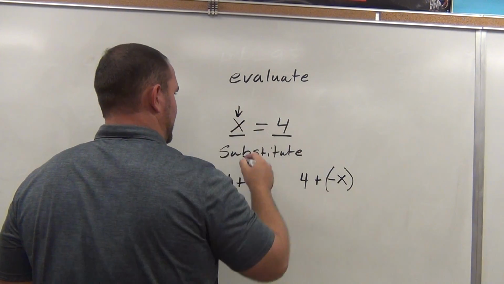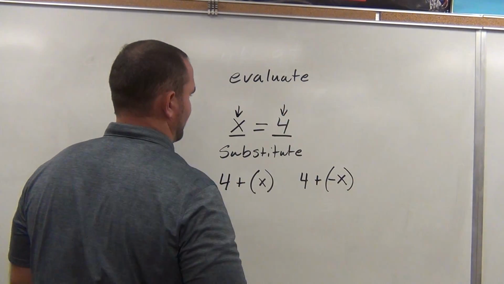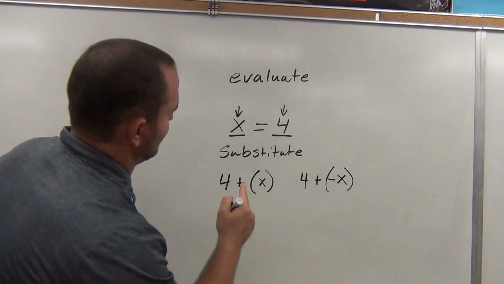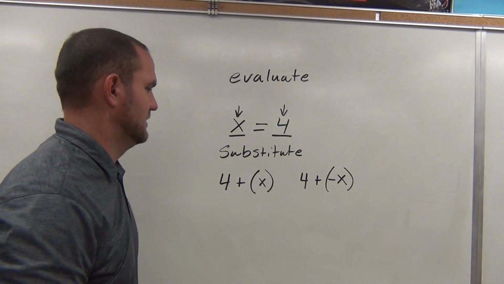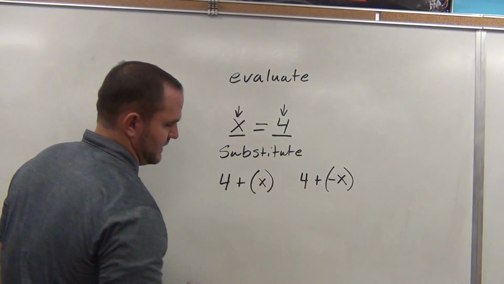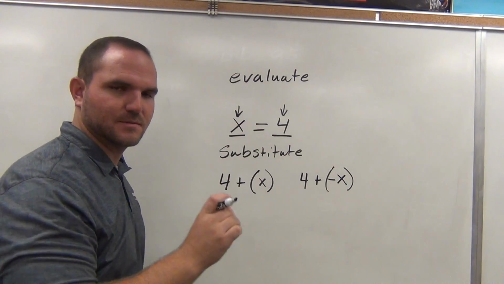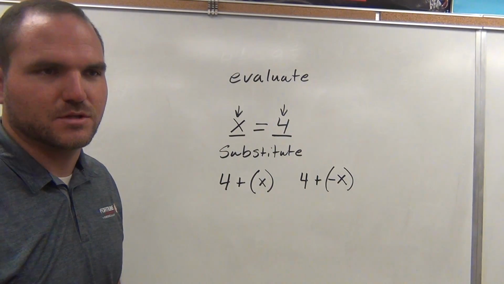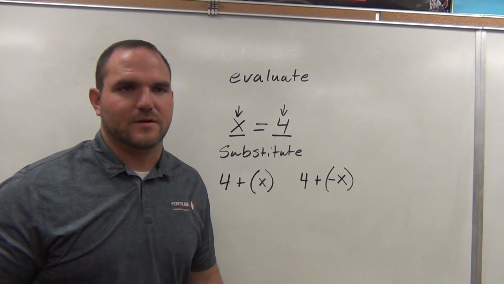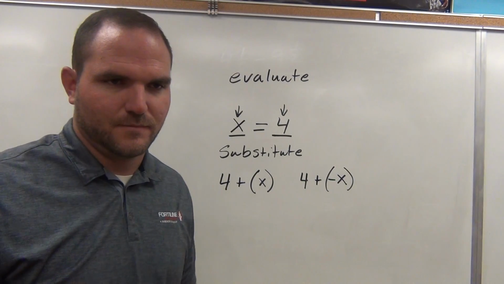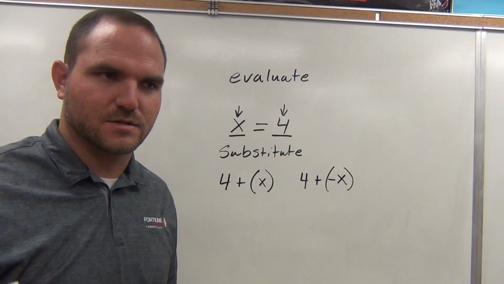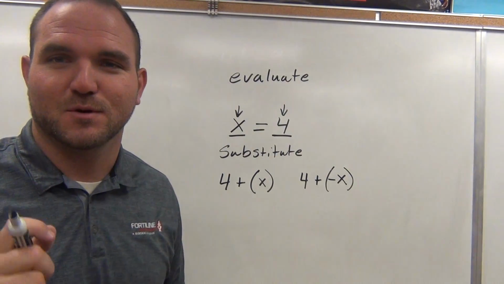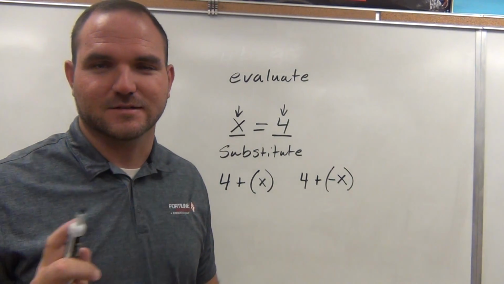Now that we know that this x is equal to that 4, I can evaluate. Substitute in this 4 for this x. I can just take it and substitute it in. If you were given an example of substitution, you've all been in school for a while now. You've had a substitute teacher, and you have your preferences of who they are because they let you do different things.